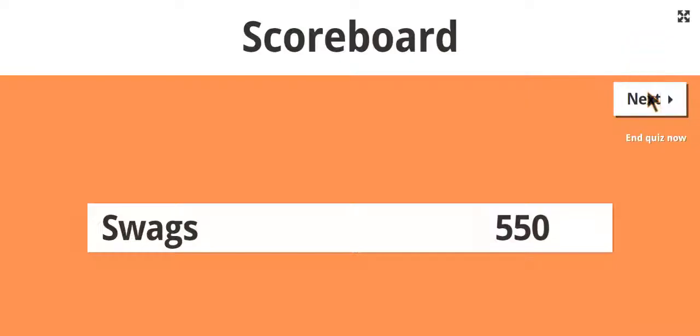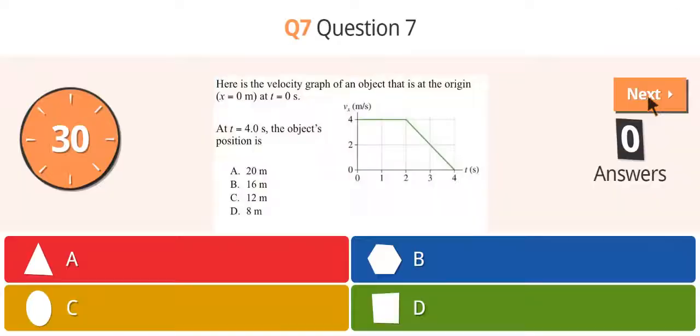Then next, question 7. Here's a velocity time graph. What's the object's position at 4 seconds? Remember, on our XVA mnemonic, going from velocity to position, I've got to take the area.